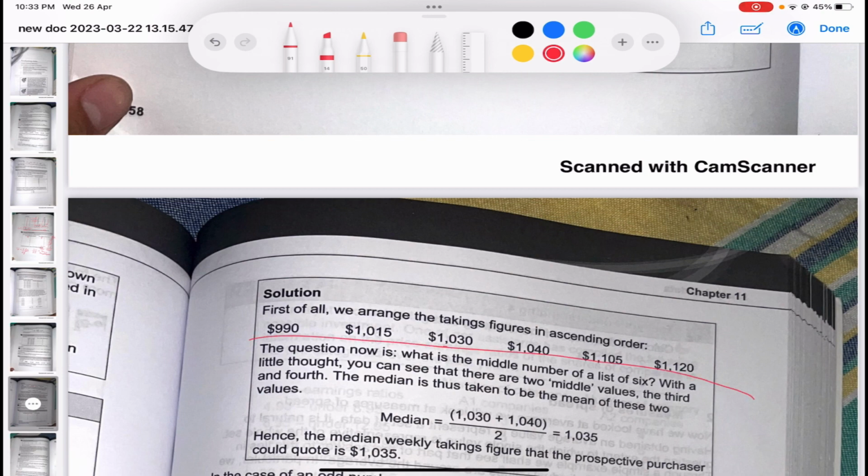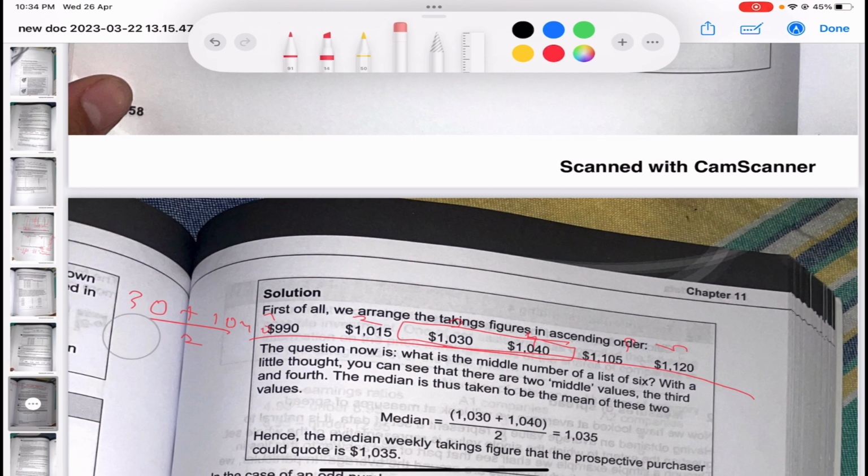Now what is the middle value over here? If you think about it, I have 1, 2, 3, 4, 5, 6. Since I have an even number, there is no middle value. So in such situations, I will be taking the middle two values and finding the midpoint of it. So that would be 1030 plus 1040 divided by 2.